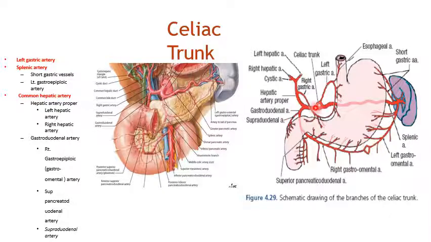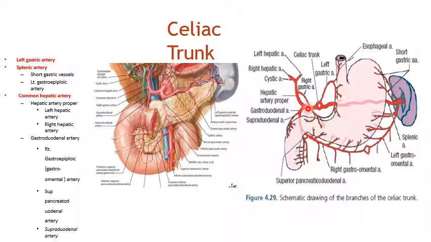Then this is the common hepatic artery. See, common hepatic artery, it runs downwards and to the right behind the lesser sac and it reaches the upper border of the duodenum. And here it enters the lesser omentum.